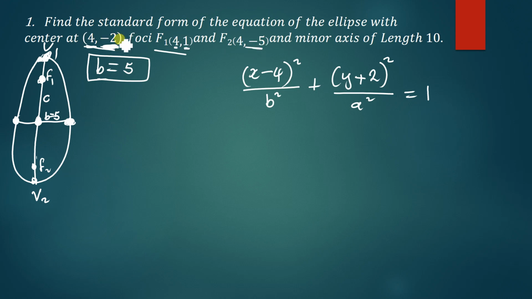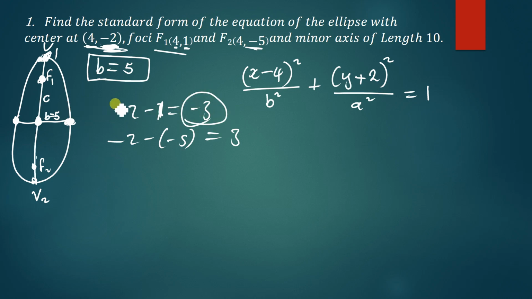You say the center minus one of the foci. Here, -2 minus 1 gives -3. Then -2 minus -5 gives +3, which is fine, because this shows the displacement of the focus point from the center.